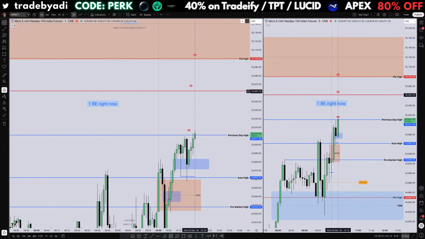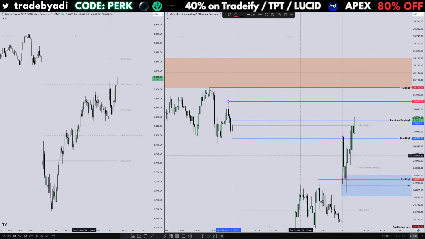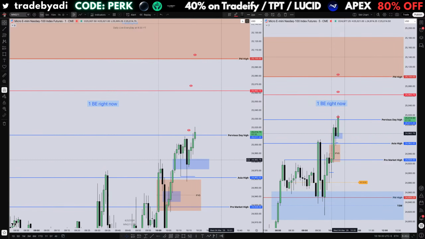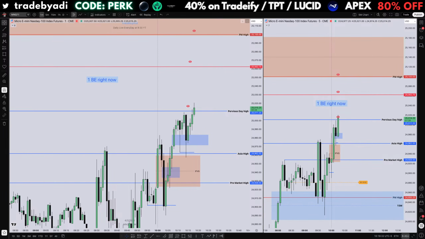I'm looking for this as a target, the external range liquidity, the 25,062, because if you check the RTH gap, this is the nearest draw, this is the nearest high, and also the ES is supporting our bias, and my stop loss is at break even on this low. If price is taking this low, I'm still happy.